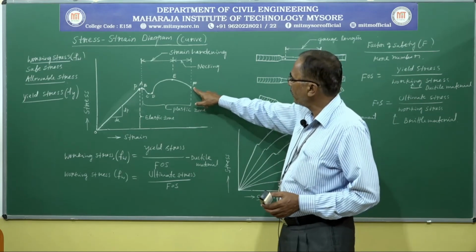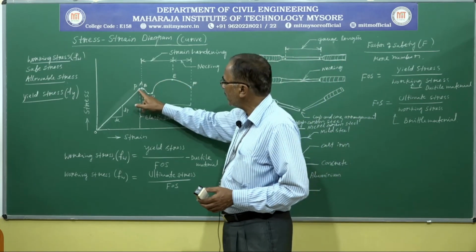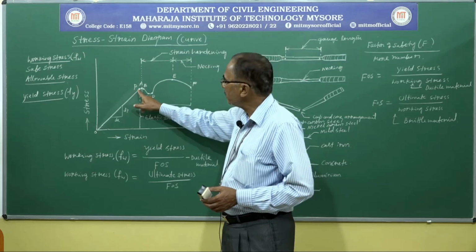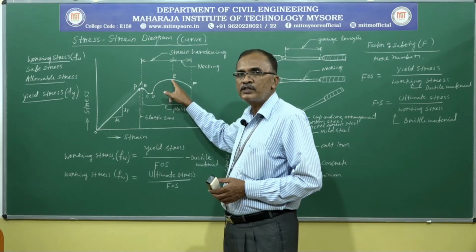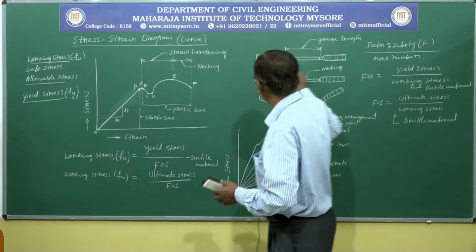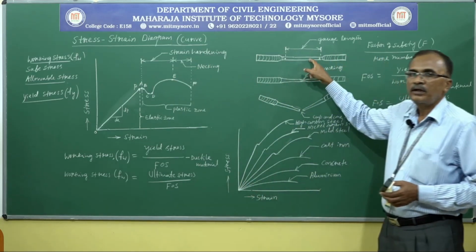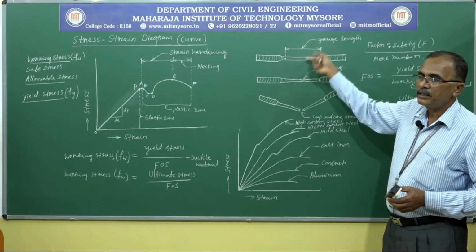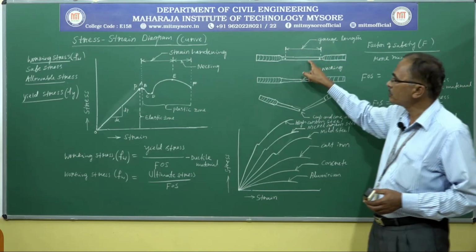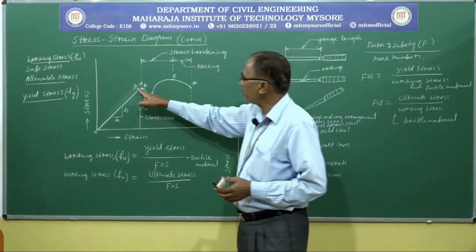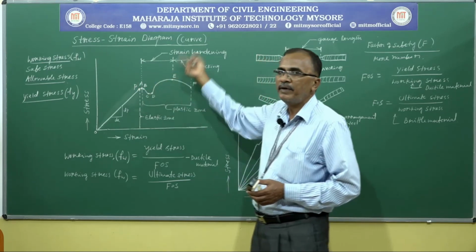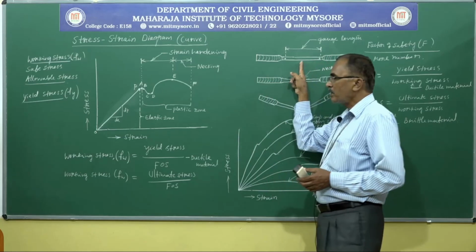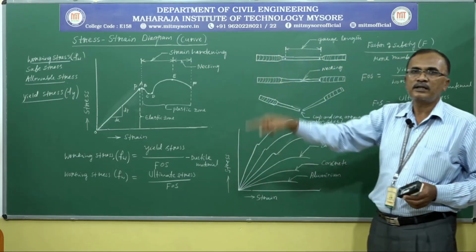Here, for all the portions to calculate elastic limit, yield stress, ultimate stress, we use the original cross-sectional area of the specimen. Load at the proportional limit, or load at yield point, or load at ultimate point, divided by the original cross-sectional area gives us the stresses.